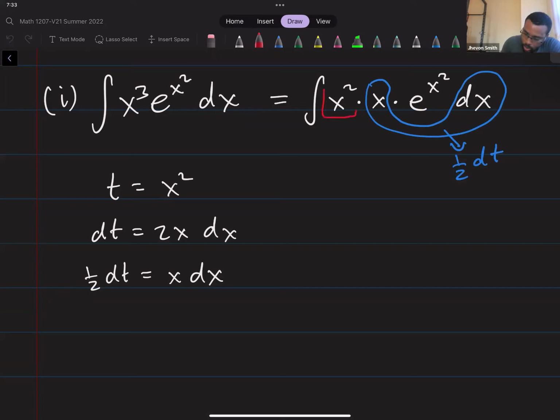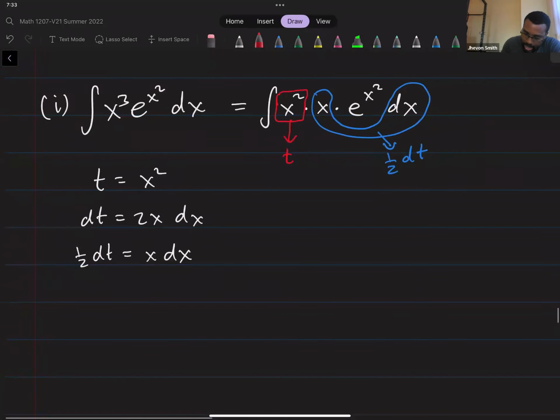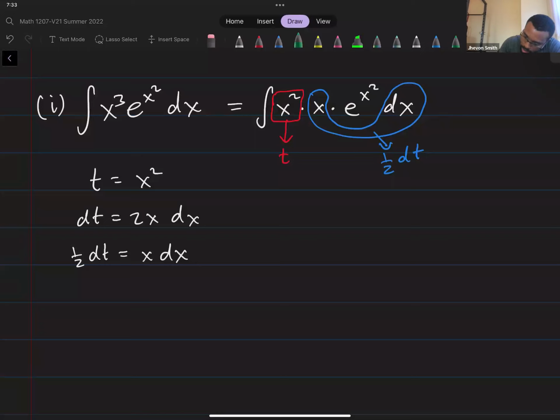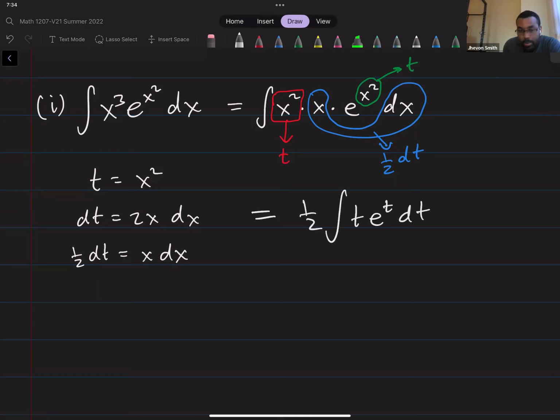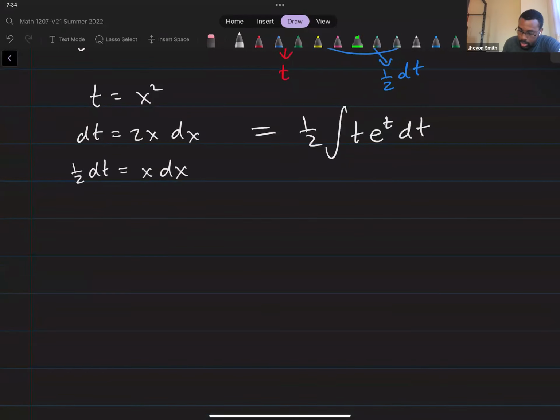And the x squared that's left over here is your t. And then the x squared here is also a t. So this actually simplifies into 1/2 integral of t e to the t once again. Except here now your t is an x squared, but that looks like something you can do with integration by parts.